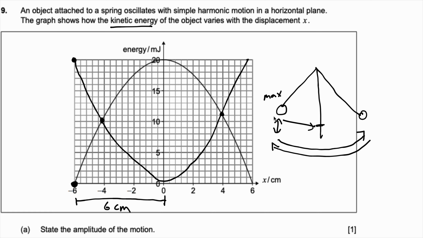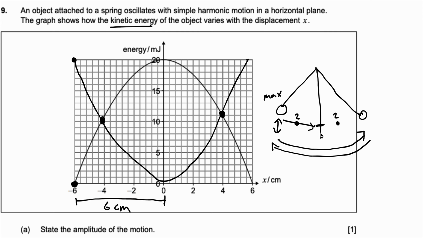So to go from the leftmost position to the rightmost position, there are 2 points when your energies are equal. So coming back, there are 2 more points. So in total you have 4 points. You'll have twice in this middle position right here, and again twice in this middle position.